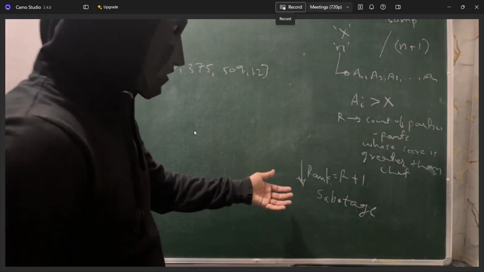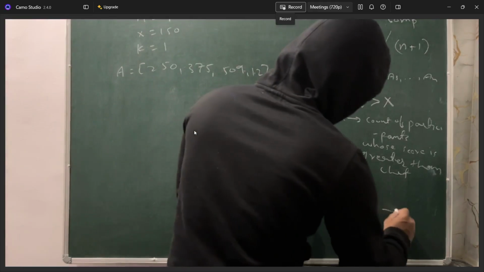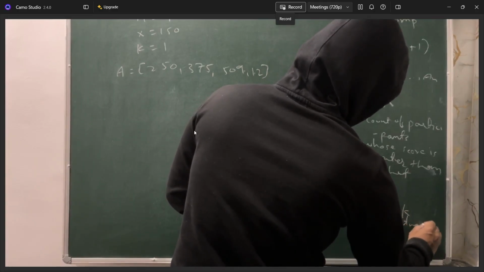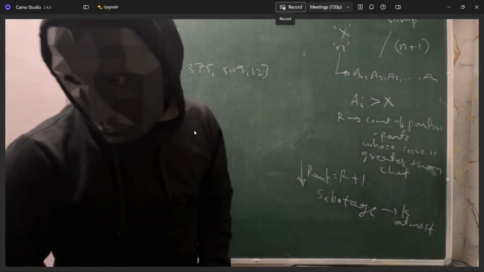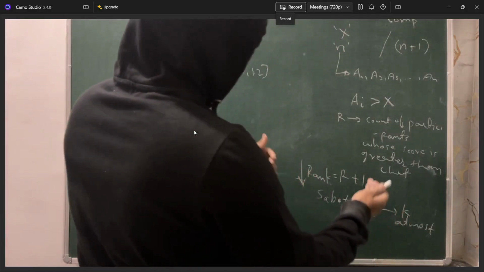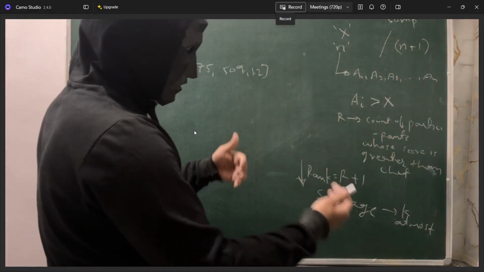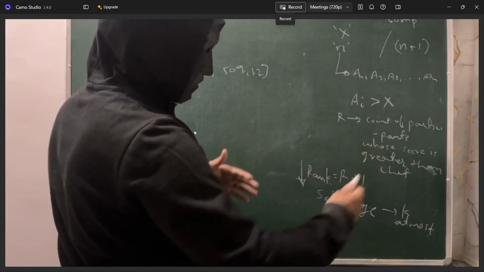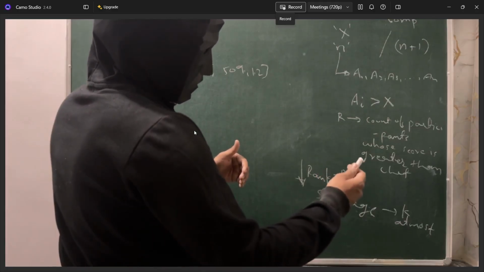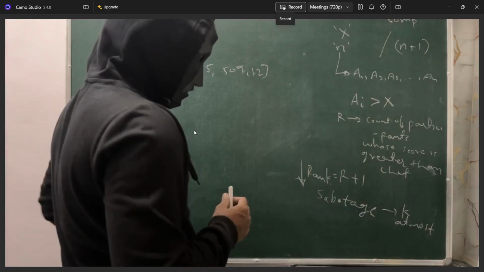He can perform only at most k times, because the timing is very restricted. So he has very little time, and he can sabotage only k participants, not more than that.